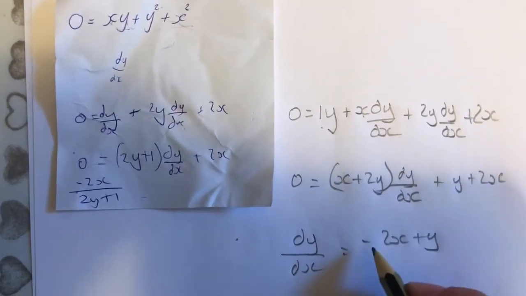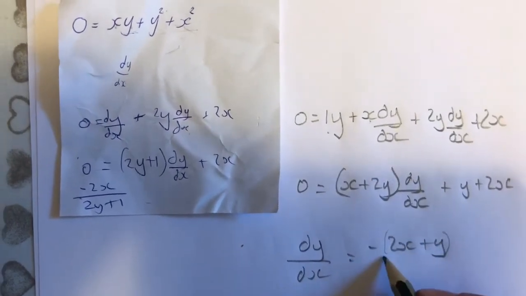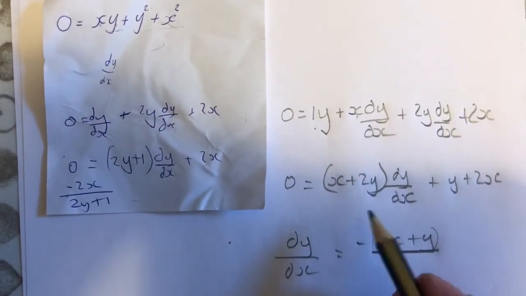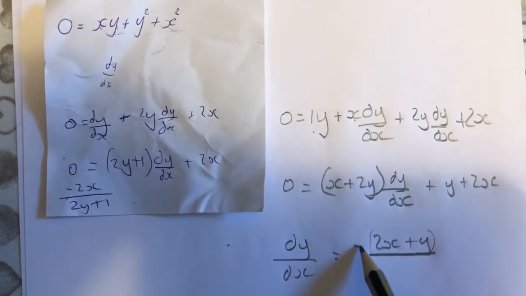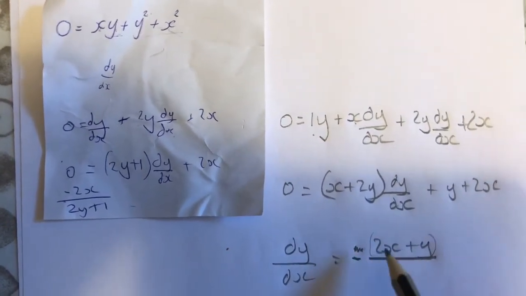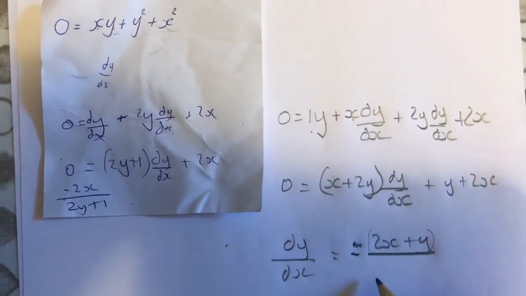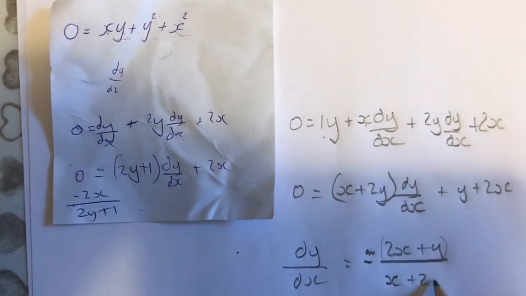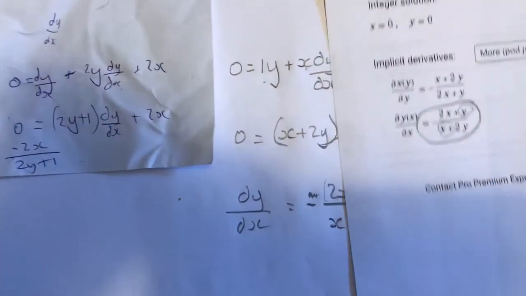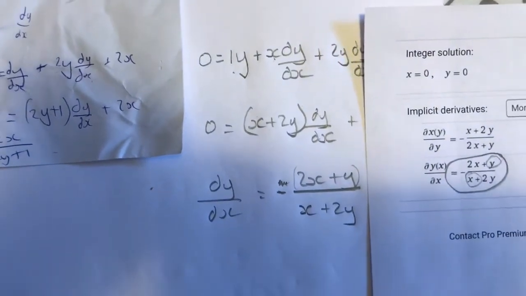I've just swapped those around and I'm implying brackets because they're going in a fraction, and so yes, this minus is for the whole fraction, not just for that, and then I'm just dividing by this x plus 2y, and then I get the same as Wolfram Alpha.